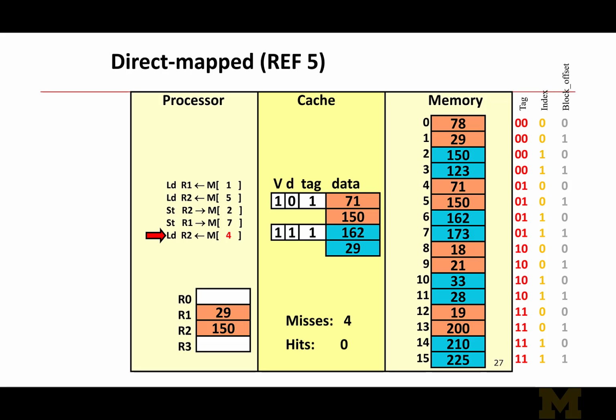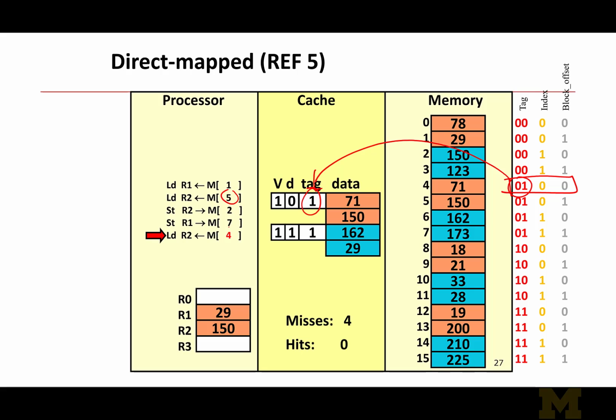So finally I have address 4, which I'm trying to load, and the tag for that is 1, index is 0. So I would compare this tag with this tag, and it turns out to be a match, which means it's a cache hit. And it's a cache hit because of spatial locality.